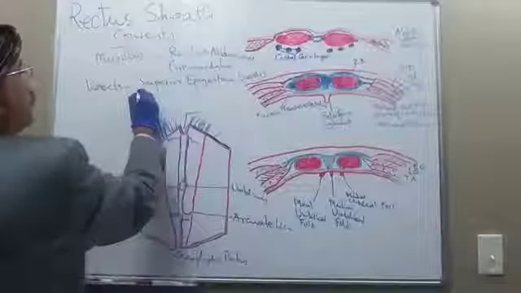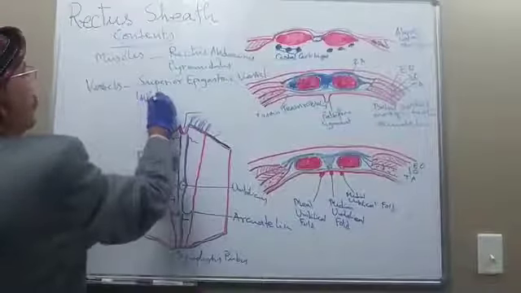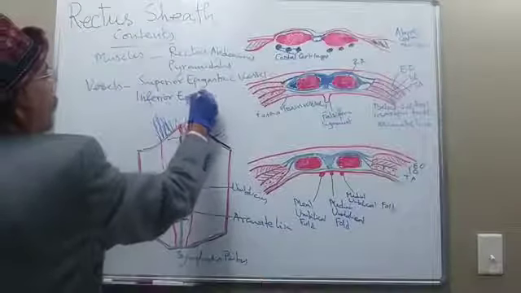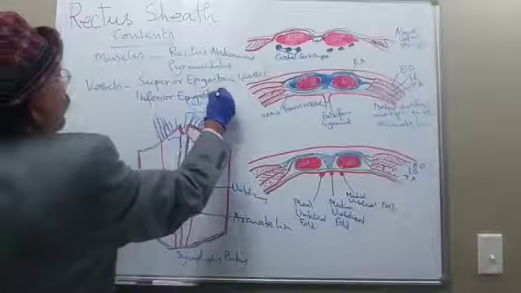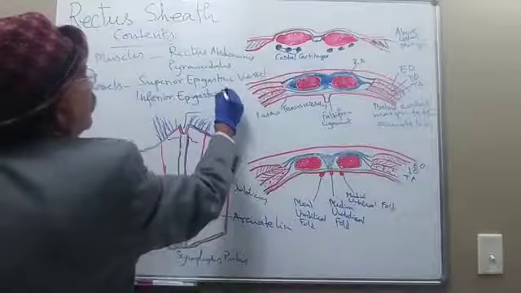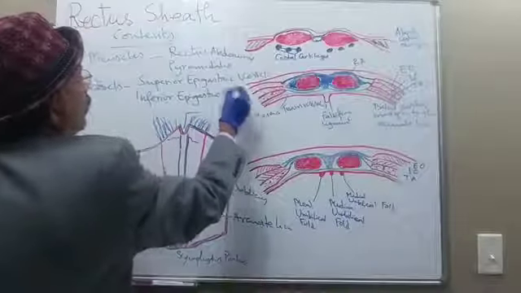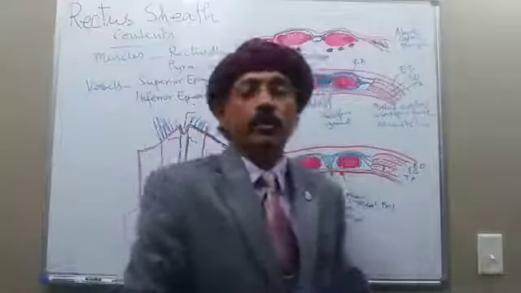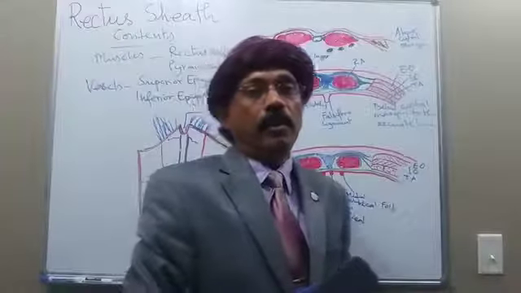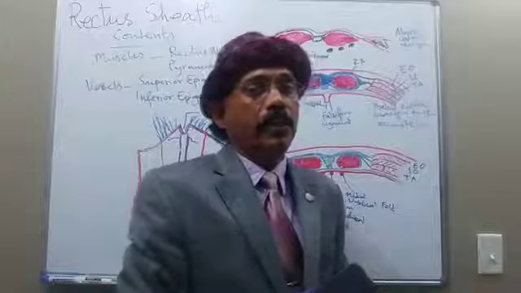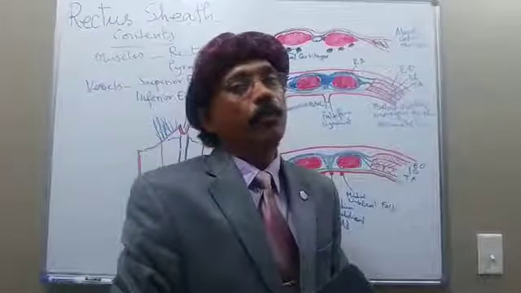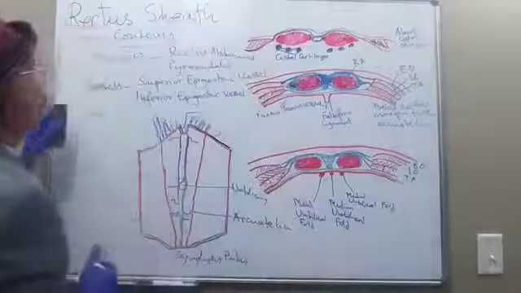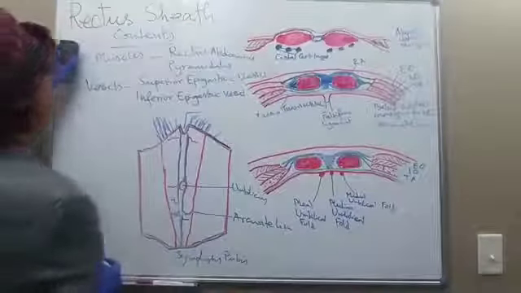And also we'll get inferior epigastric vessel. Inferior epigastric artery is a branch of the external iliac artery. Inferior epigastric vein will open into the external iliac vein. Okay, we got the muscle vessels.